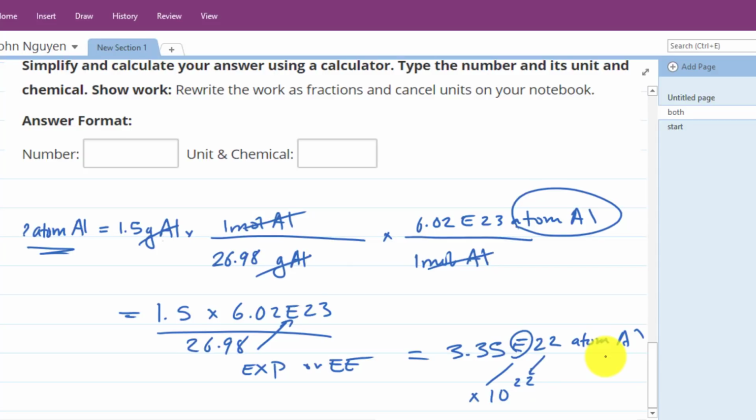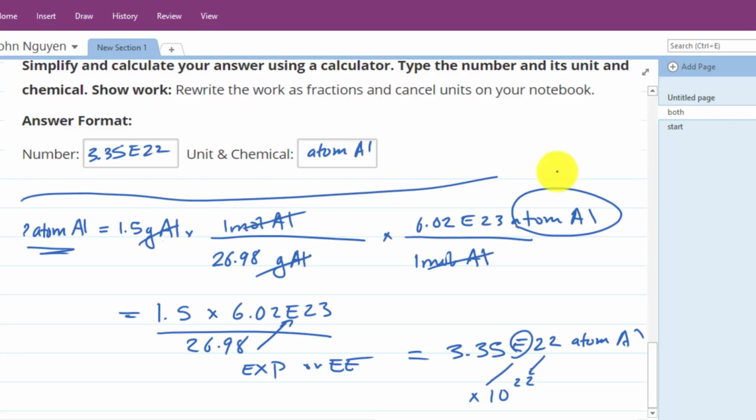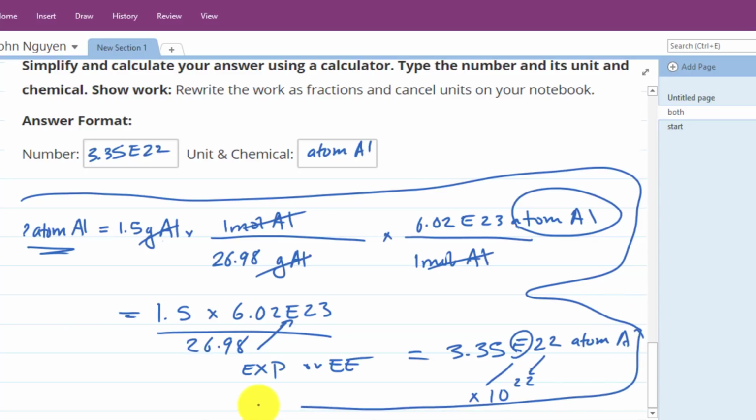So what we have here is 3.35 e to the 22nd. And what is our unit in chemical? It's going to be atoms of aluminum. And that's all we have to do in terms of simplifying your flowchart to get our answer. And of course, this would be the work for the whole entire problem.